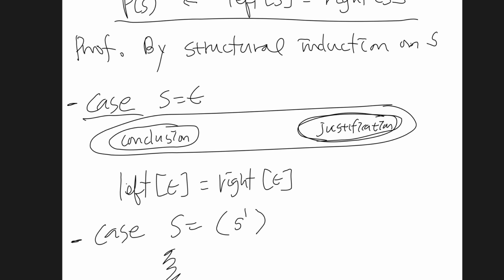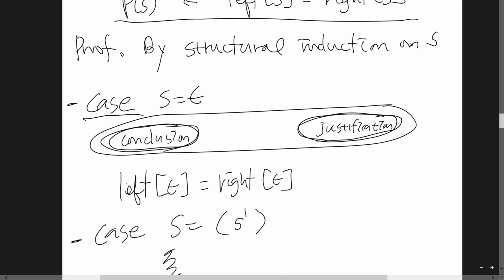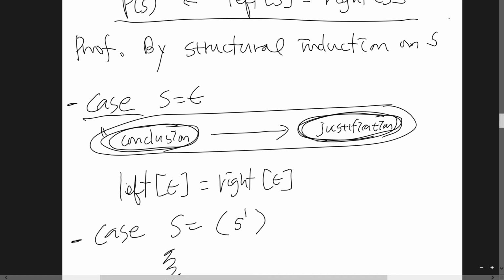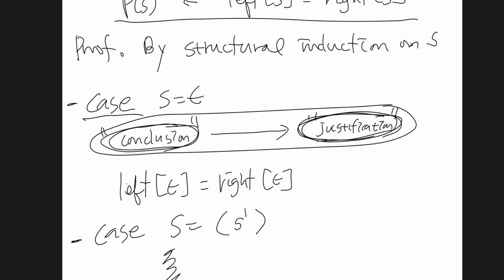So you want to see the conclusion first and try to make sense of what this statement means, and then see the justification. This is the convention for writing inductive proofs. So remember, the conclusion goes on the left side and the justification on the right side, not the other way. Now let's fill in the details in the proof.